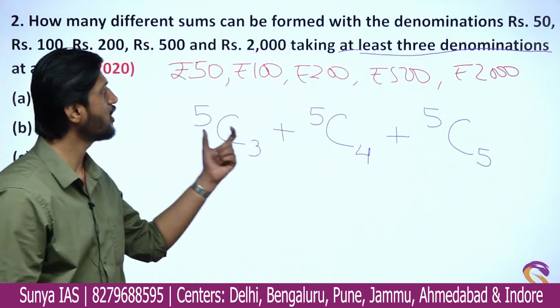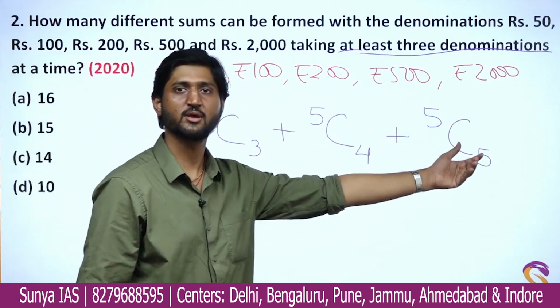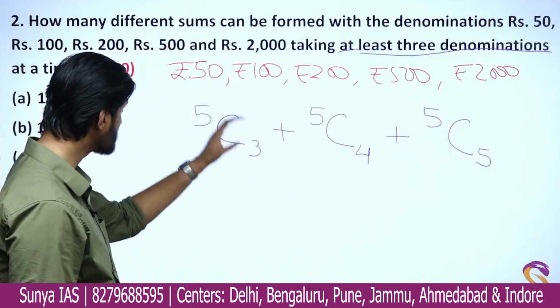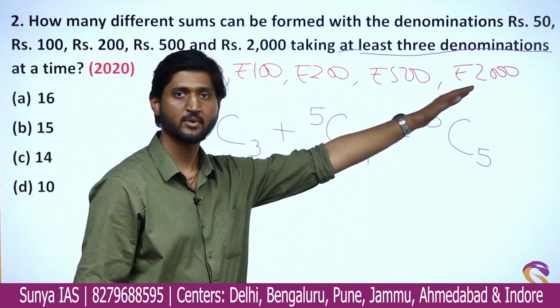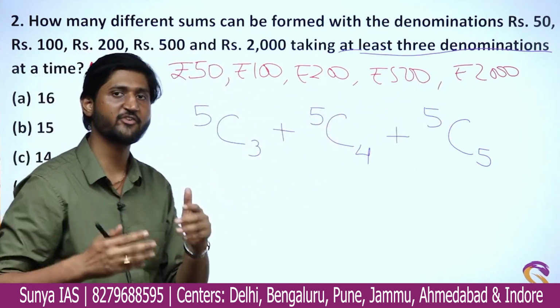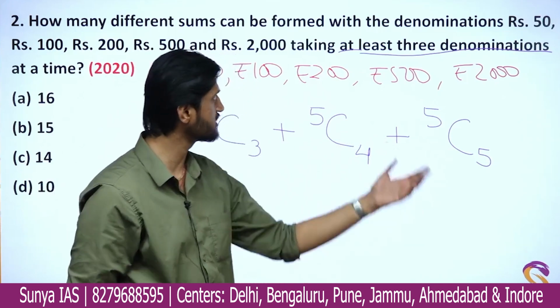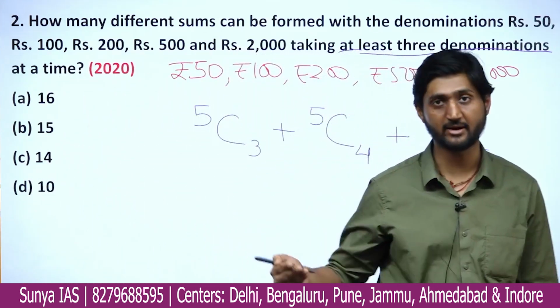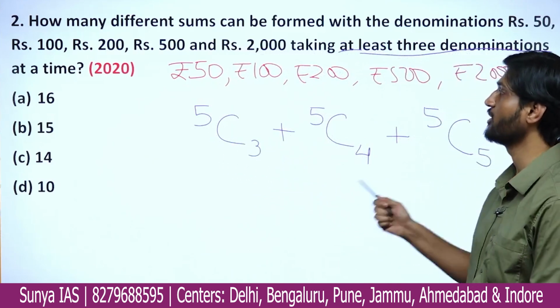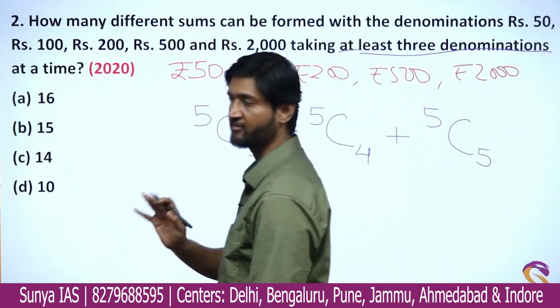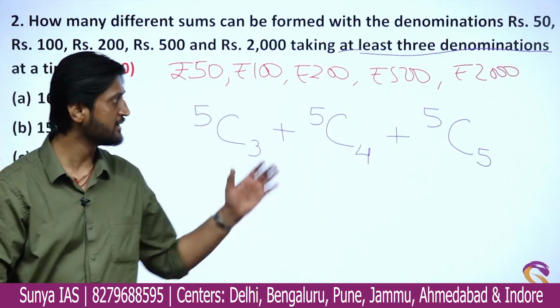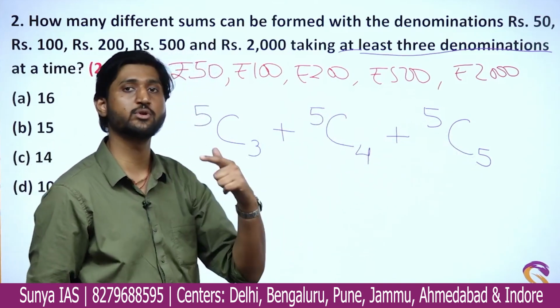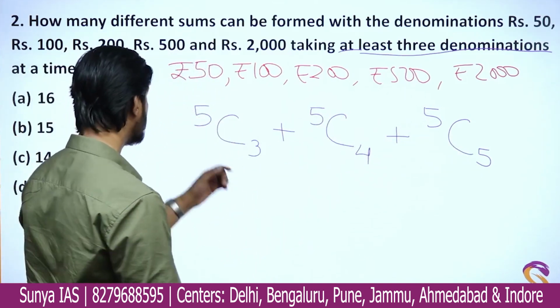So these are all the ways in which we can actually select the currencies, and by choosing different currencies we can have different amounts. That is the way you have to solve it. In this question it is not quite clear whether you have to apply the concept, so it is somewhat a difficult question, because in calculation it is easy, but to figure out that combination is applied here might be difficult.